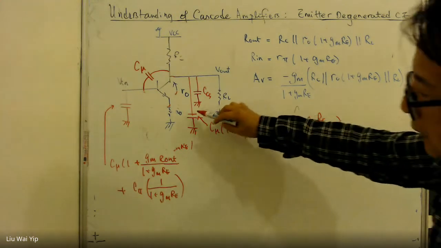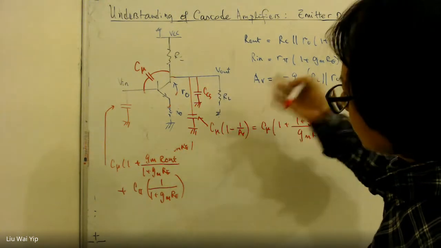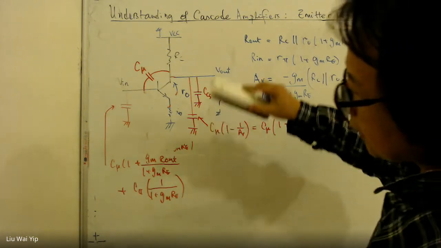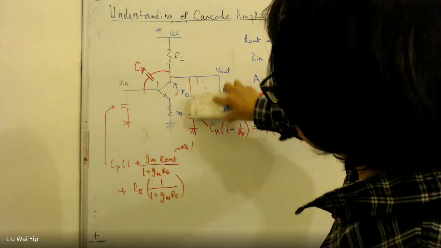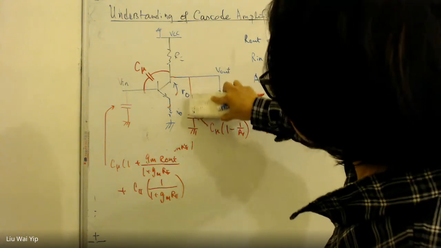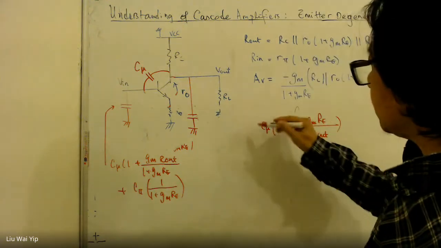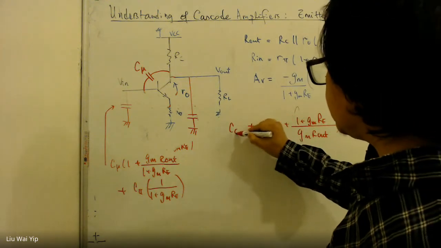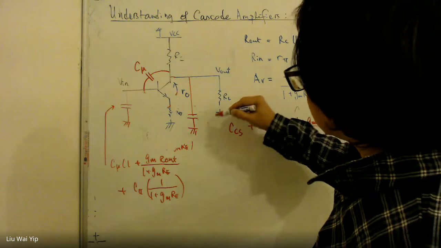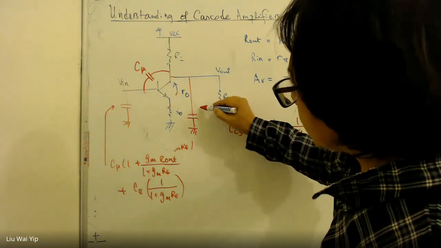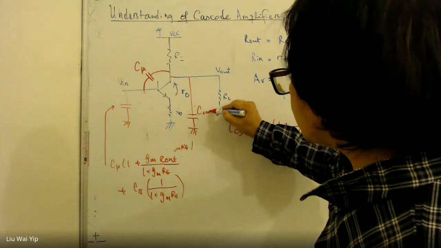Now you have two capacitors connected in parallel. This means they can be merged together as a parallel combination. And this capacitor, let's call this C out.